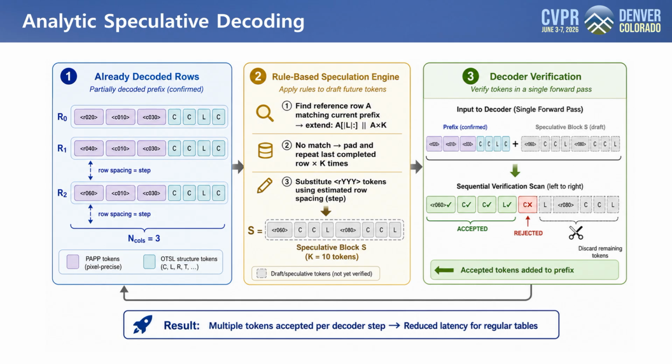After decoding the first row, our algorithm predicts future tokens by detecting repeating row patterns and estimating the next row's vertical position from the pixel spacing seen so far. A single forward pass then verifies the speculative block. Accepted tokens are kept and the first mismatch ends the block. This reduces the number of decoder steps dramatically for regular tables.